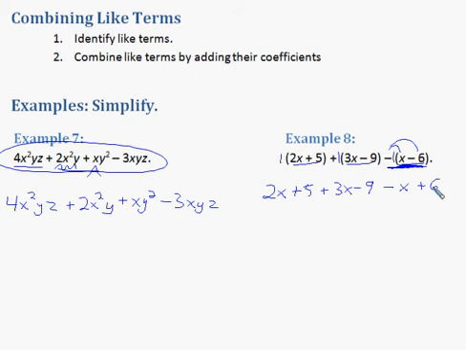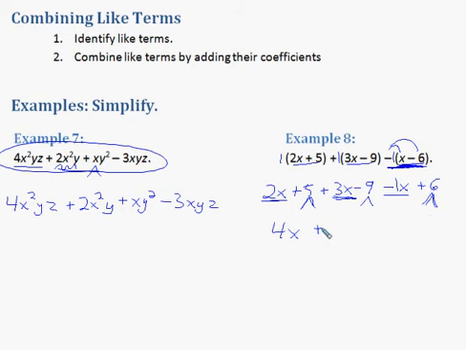Now we're going to look for like terms. Got a 2x, a 3x, and a minus 1x. We can put the 1 there if we want. So 2 plus 3 is 5 minus 1 is 4. So we have 4x. And then we have some constants, 5 minus 9 plus 6. Now I would probably prefer, okay, 5 plus 6, they're the positives, that's 11, minus 9 is 2.